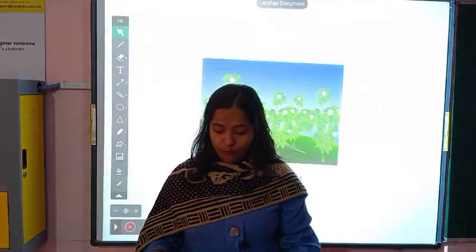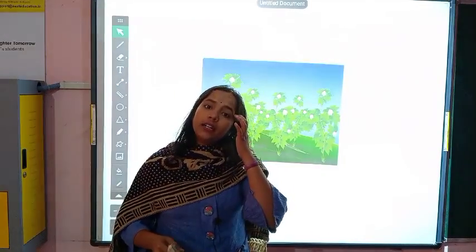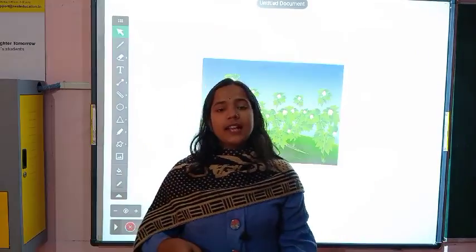But some plants have weak stems which cannot stand upright on their own, so they climb up by taking the support of other plants or walls. Such plants are called climbers. So what are climbers? When a plant cannot bear its own weight and needs something else to support it, that is a climber.